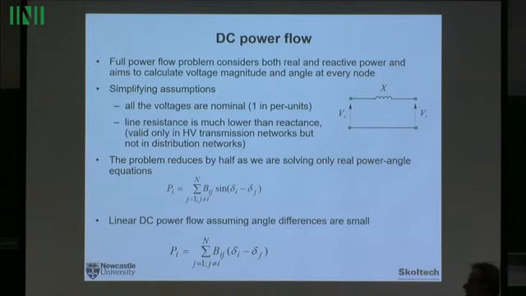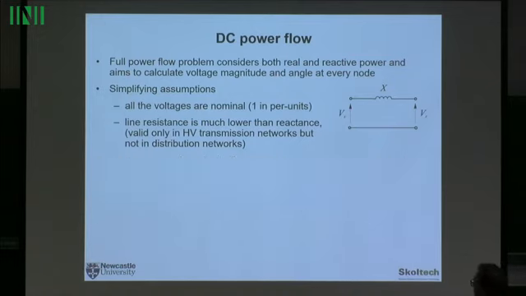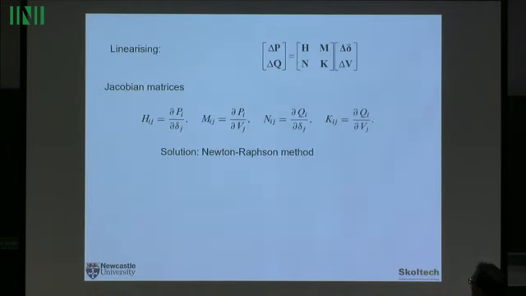Since you talked to me, I just now remember something which I forgot to mention before, which is the question of so-called decoupled load flow. If you look at the full model over here, the Jacobian matrix has 4 submatrices, because we have real and reactive power, voltages, and angles.